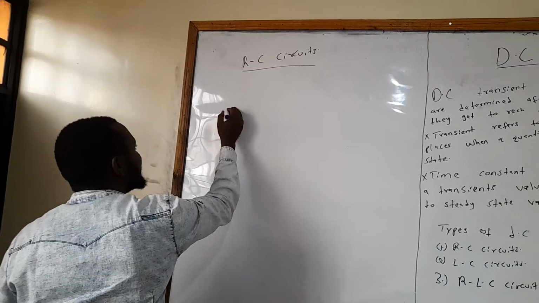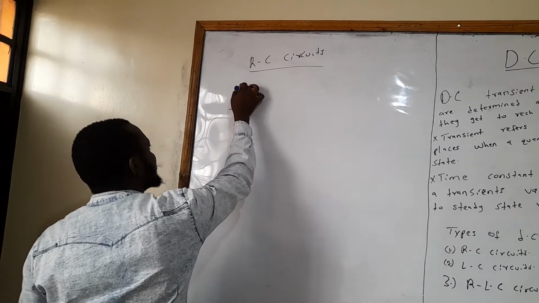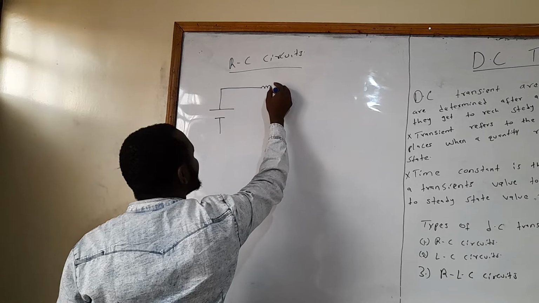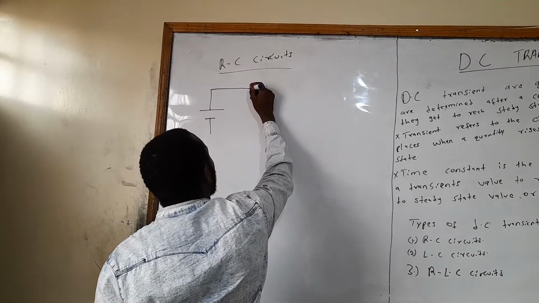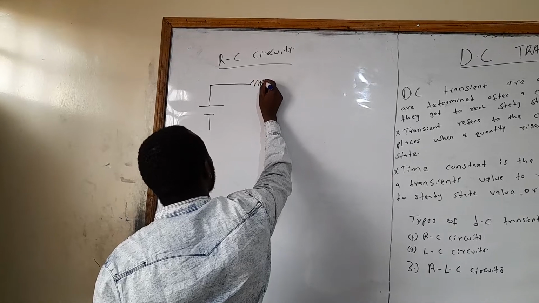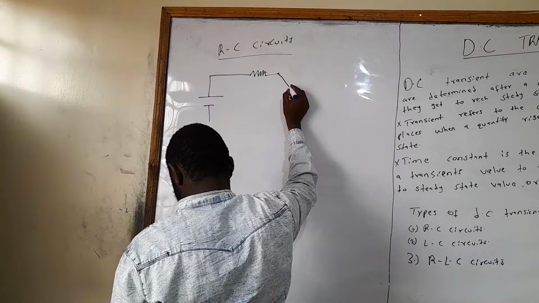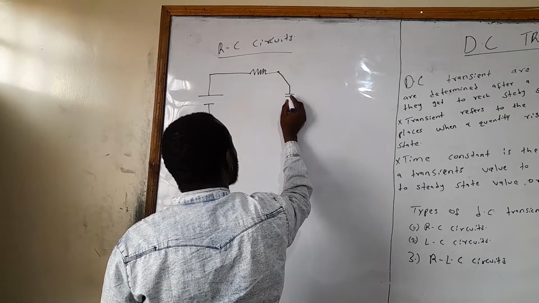Therefore, let's draw the diagram. This one is a resistance. Maybe you can draw differently with the inductance. This one is the capacitor.